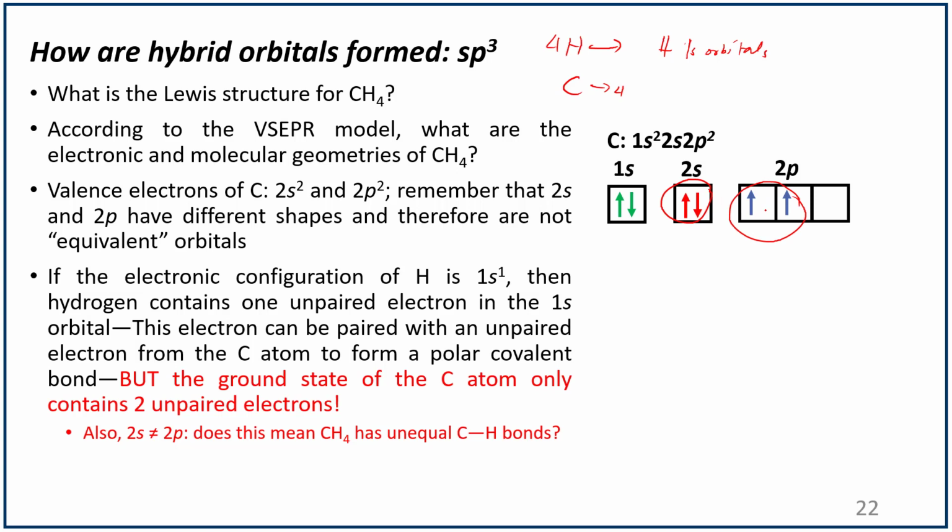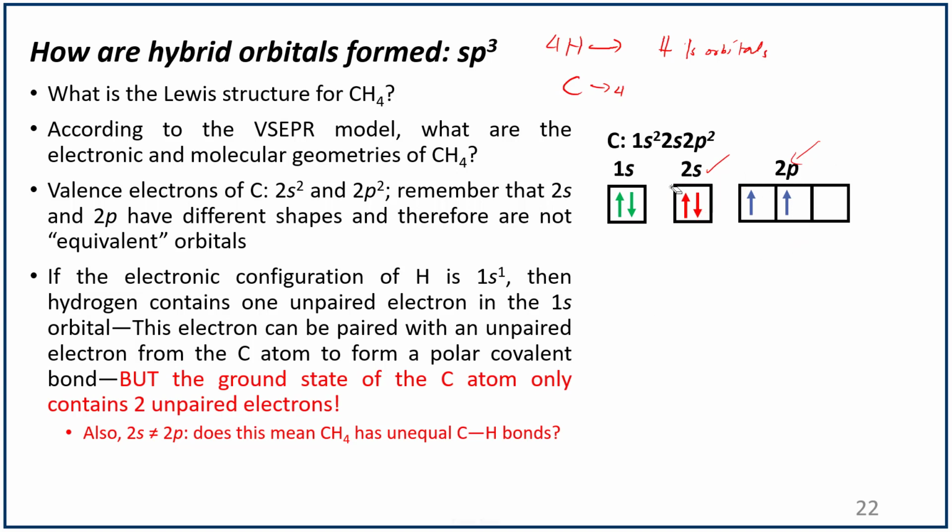Now if this were the case, notice that these 2 electrons in 2s are paired, and that just means that they cannot really form a bond. But as we know, methane does exist, CH4, and carbon can form 4 bonds with another atom. But if there are only 2 available, then what's incorrect, or what are we missing?